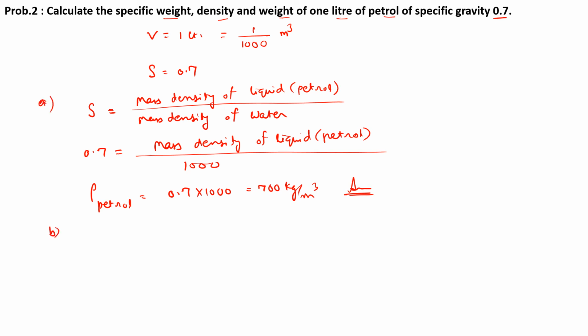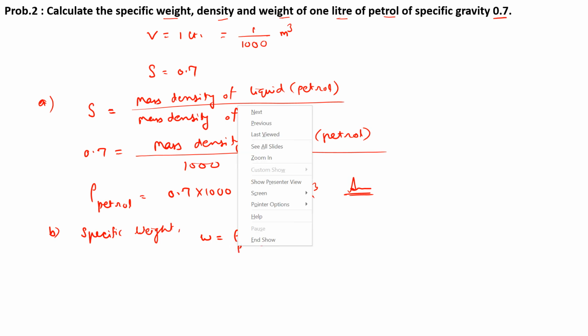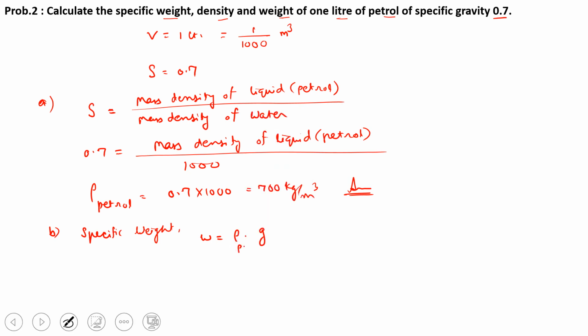And we have to calculate the specific weight, that means weight density, which is given by mass density into gravity.